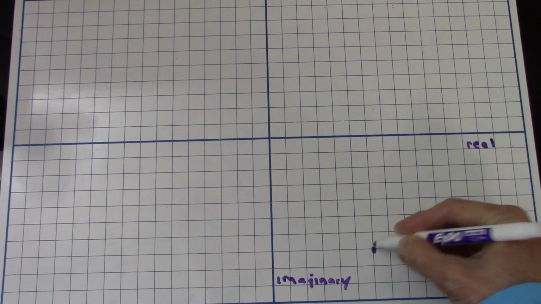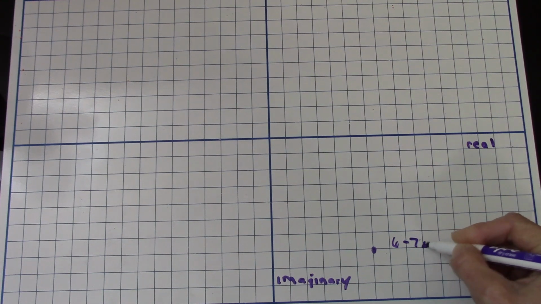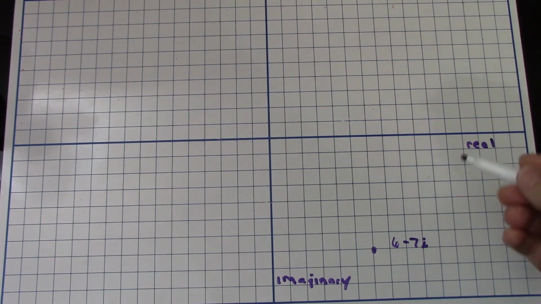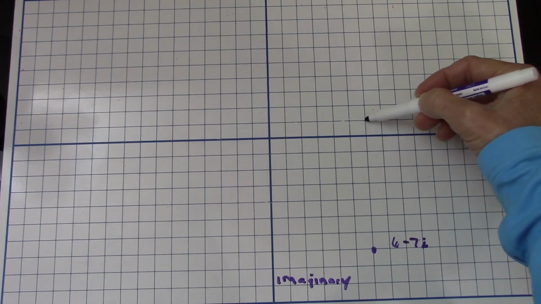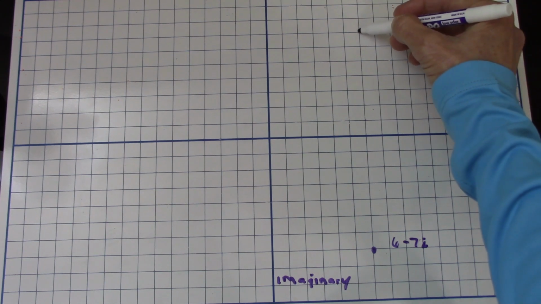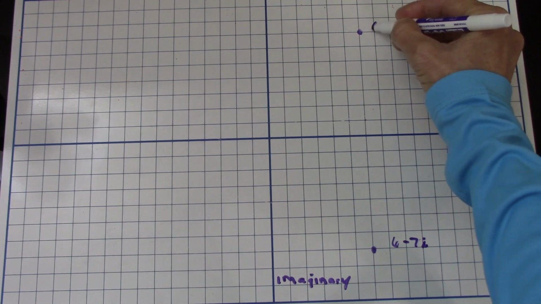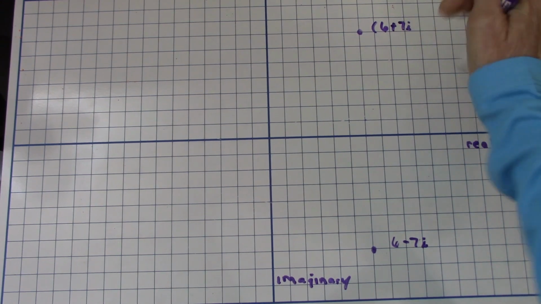So this is the point 6 minus 7i. And the complex conjugate is 6 plus 7i. So we go over 6 and up 1, 2, 3, 4, 5, 6, 7. So I get 6 plus 7i.